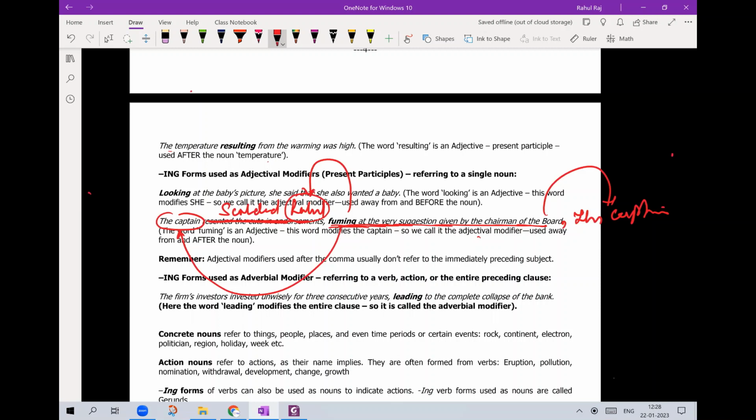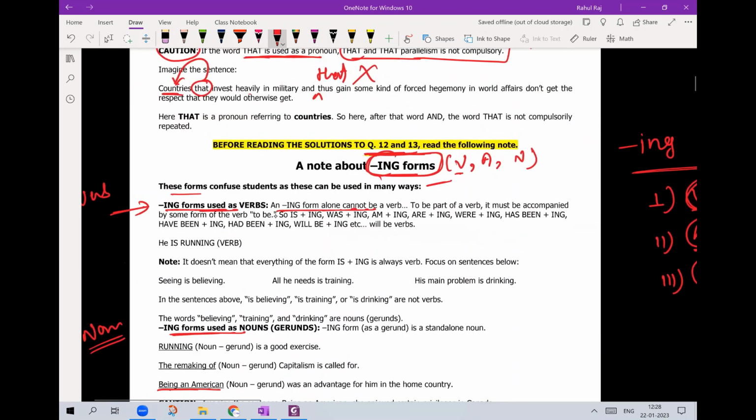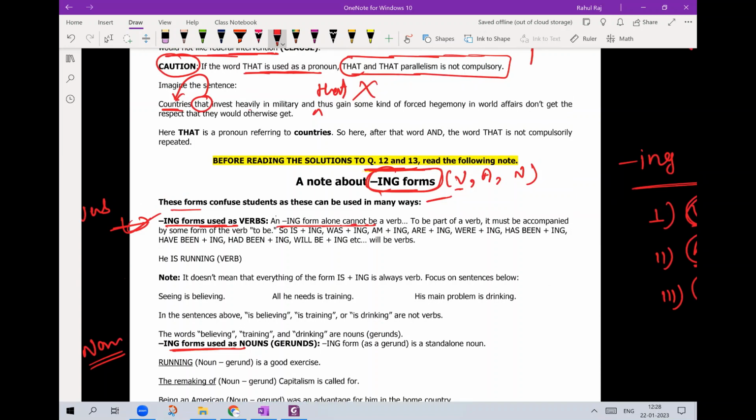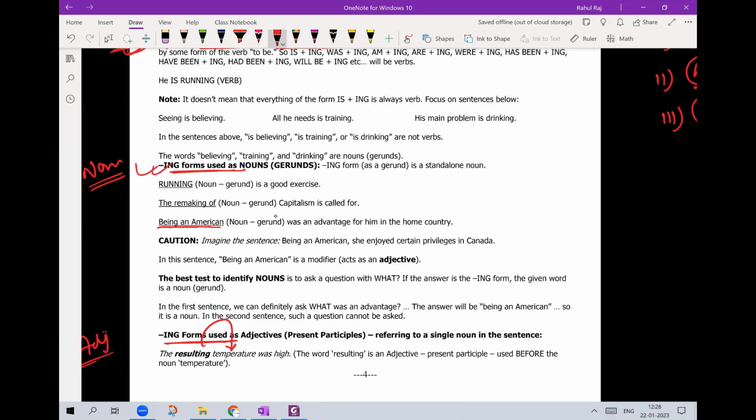Now, come down to the adverbial modifier. So I have in fact made two or three things very clear. You are now clear with the ing form used as a verb. You just know that an ing form alone can never be a verb. Ing form used as a noun: you just have to do all those sorts of permutations and combinations to get it as a noun.